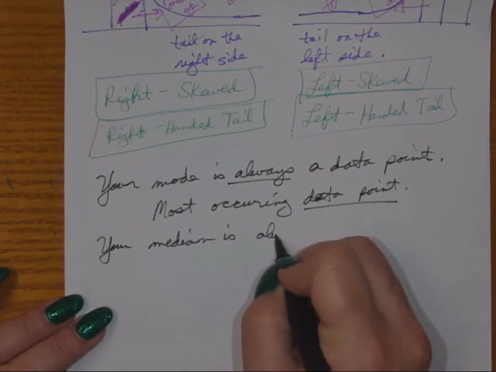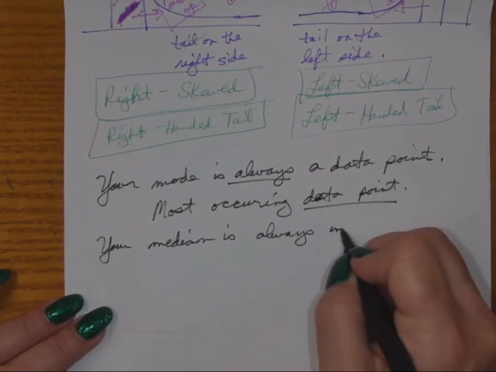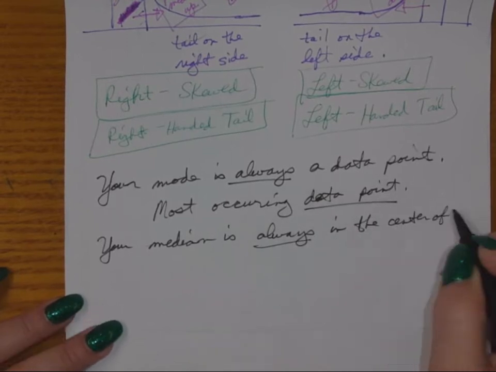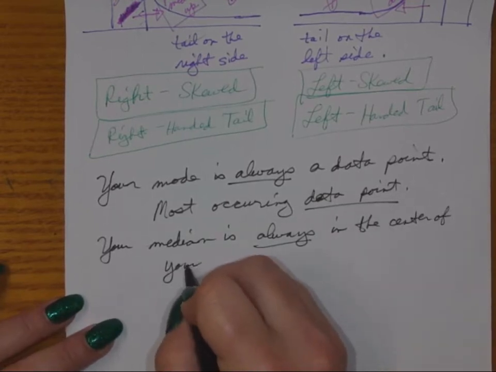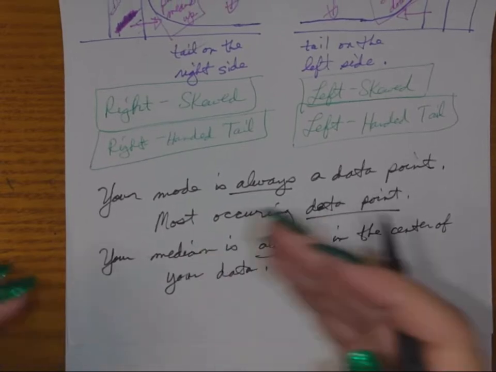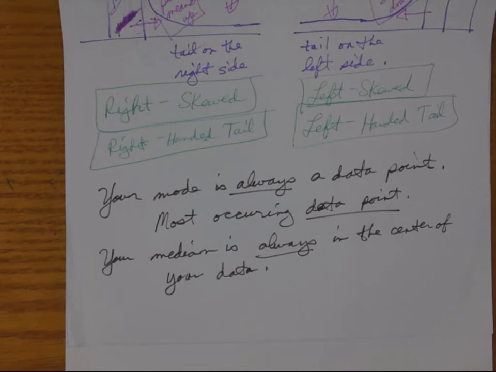And the other important piece is that your median is always in the center of your data. Now, that doesn't mean it's in the center of the number line or the graph or whatever, right? Because, do I have my Babe Ruth stuff? Yeah. So let's look again at those box and whiskers that we did last week.